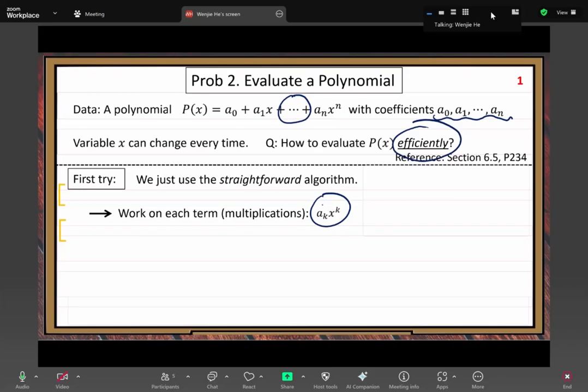Any other answer? Guess? Try to make it close. K minus 1, the second one. Any other guess? K plus 1, K minus 1. All very close. Any other guess?